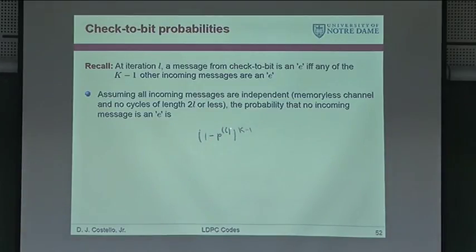This is the probability that an incoming message is an E. 1 minus that is the probability that it's not an E. And if, assuming independence, we raise that to the k minus 1 power for these k minus 1 messages that are sent from variable nodes to this check node, we get the probability that no incoming message is an E.